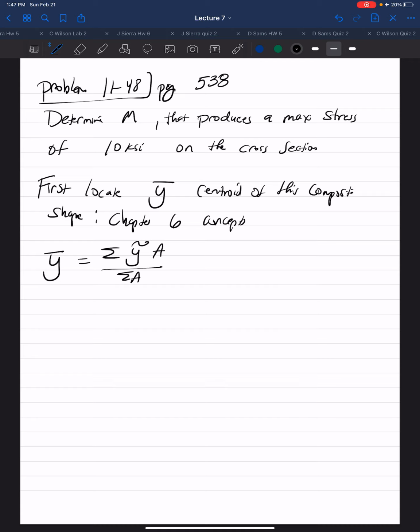So we know the way we work this out is setting up our table and our area. I guess we have inches squared here.